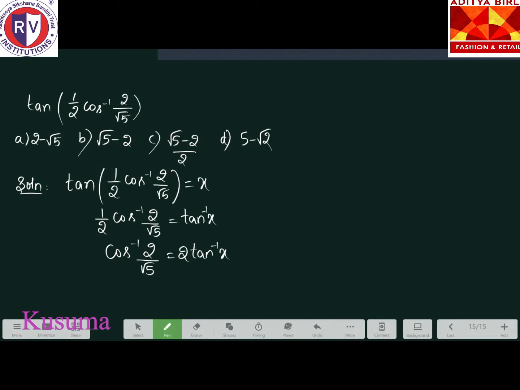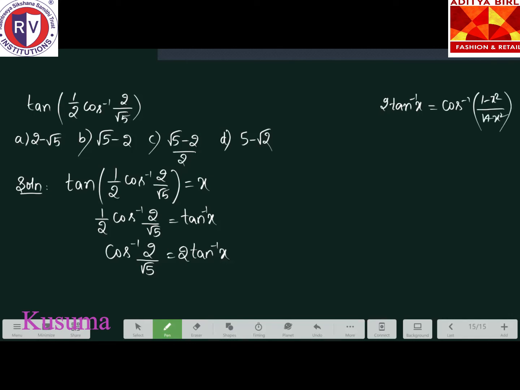But we have 2 tan inverse x is equal to cos inverse of 1 minus x square divided by 1 plus x square.